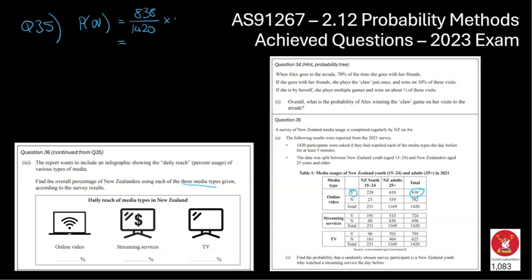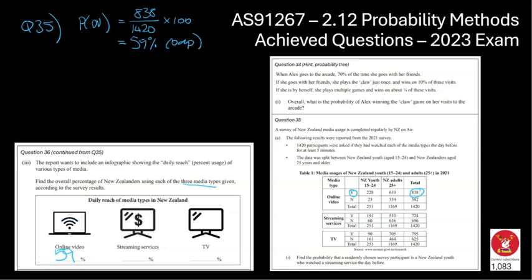Actually, we're going to do it by a percentage, right? So I'm going to times them all by 100 to convert it into a percentage. And over here I got 59%, rounded to the nearest whole number, so rounded to 0 decimal points. So putting that down the bottom there, I've now got 59% as part of my answer.